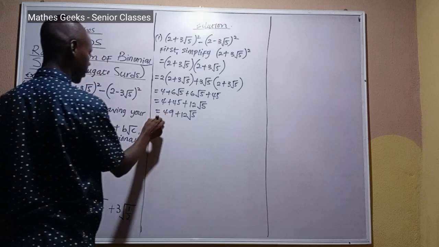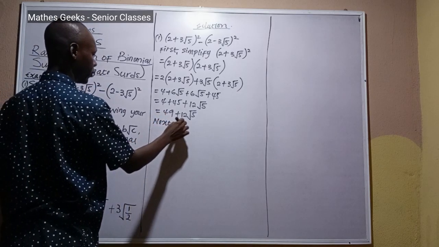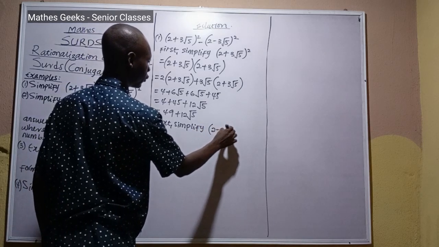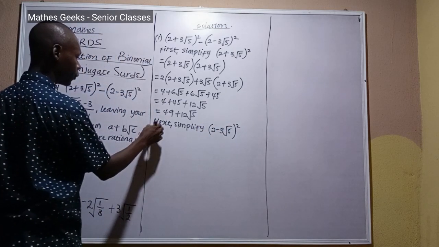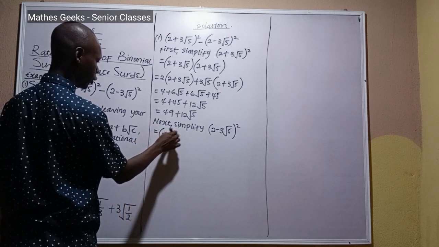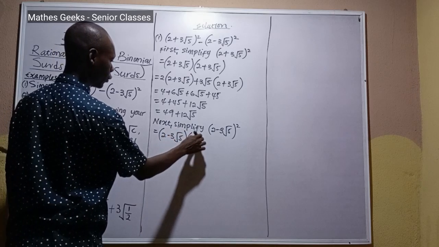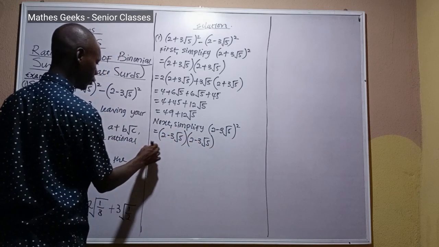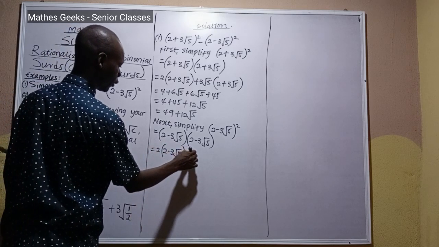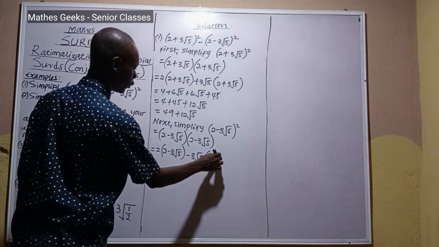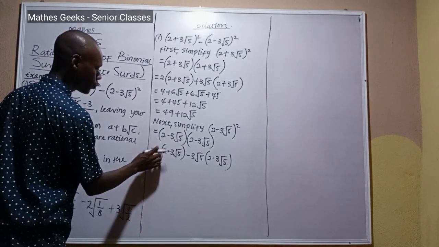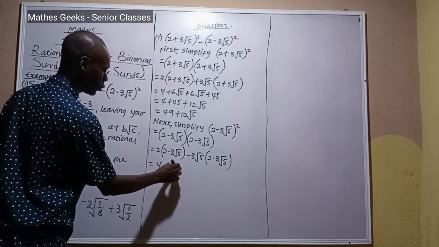So let's do this part next. Simplify (2 minus 3 root 5) squared. This gives us (2 minus 3 root 5)(2 minus 3 root 5). 2 times 2 is 4. 2 times minus 3 root 5 is minus 6 root 5.